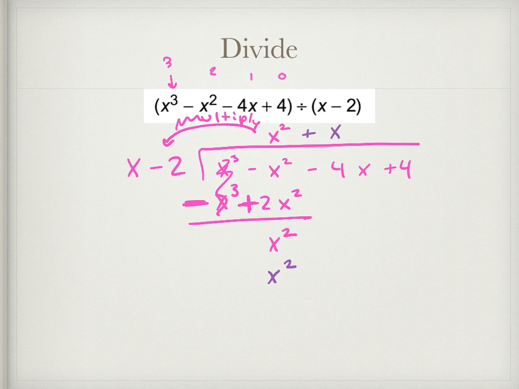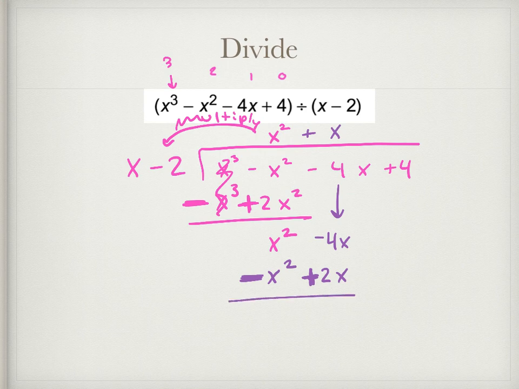And then x times negative 2? Negative 2x. What's next? And what else do we have to do? Change the signs. Don't forget, change the signs. What do we do next?